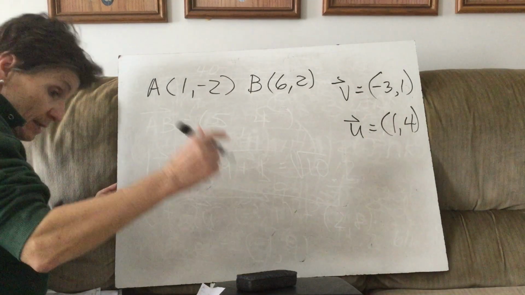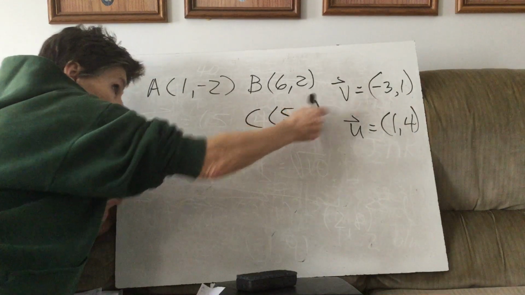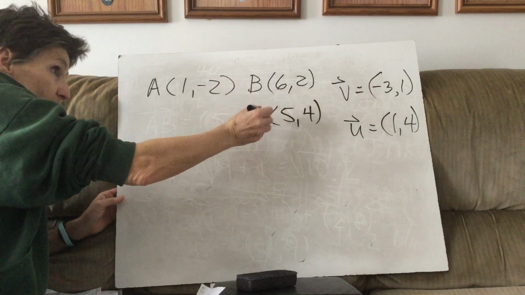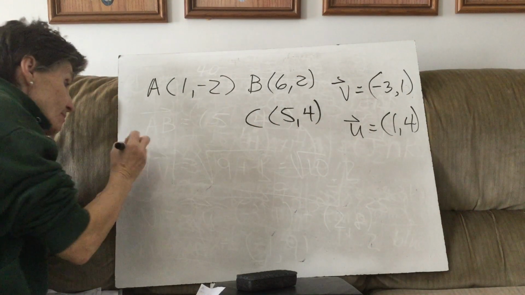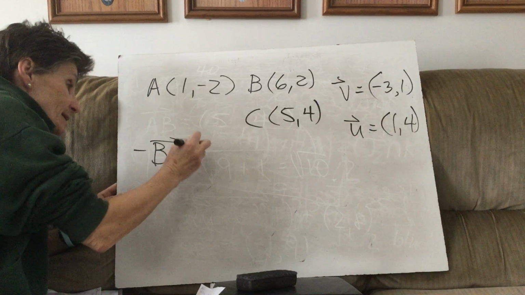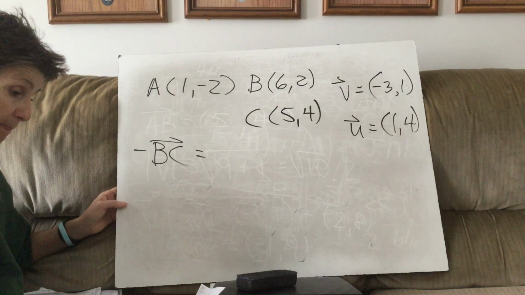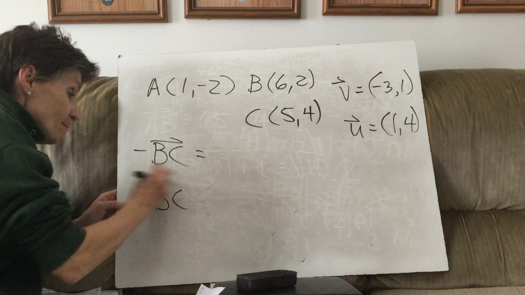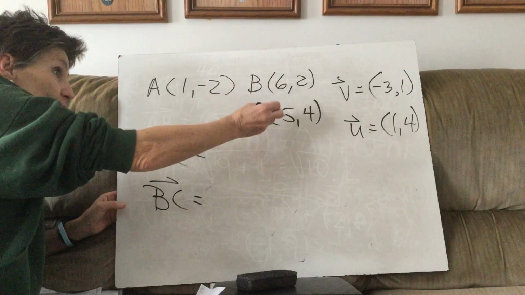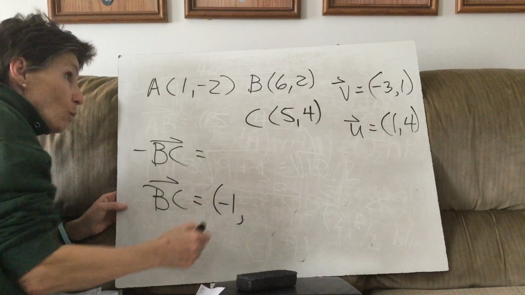Now we're also given a point C. Notice these are points. Those are vectors. And we're asked to find the opposite of vector BC. So if I were you, I would start by finding BC, the vector from B to C. So from 6 to 5 is negative 1.